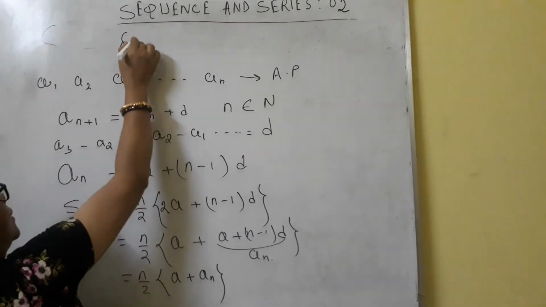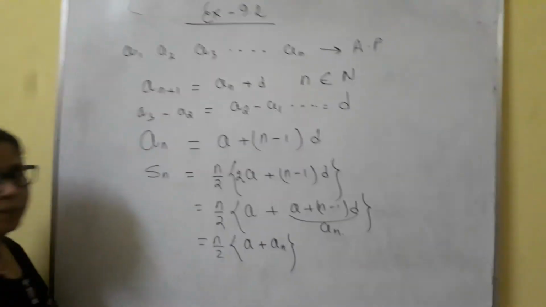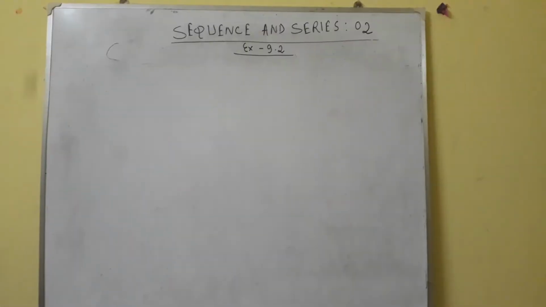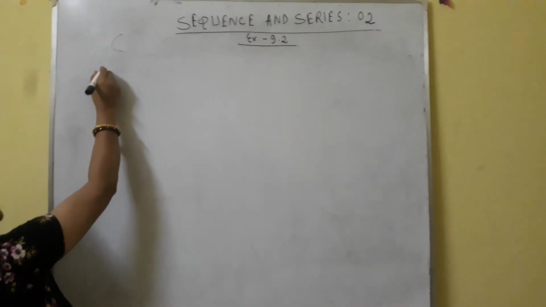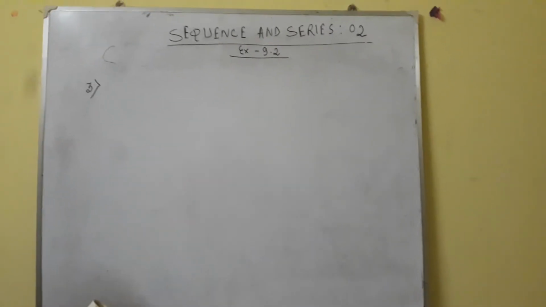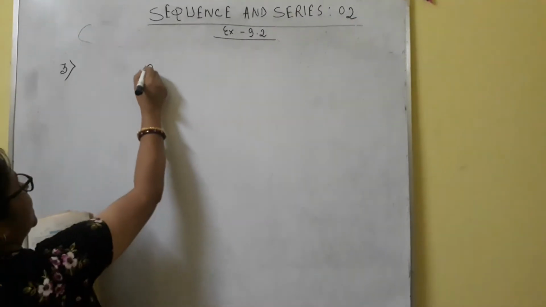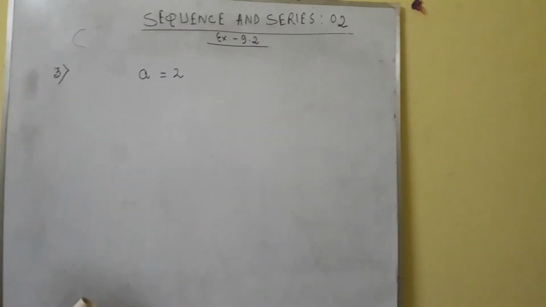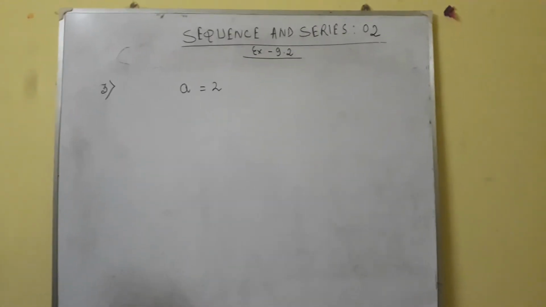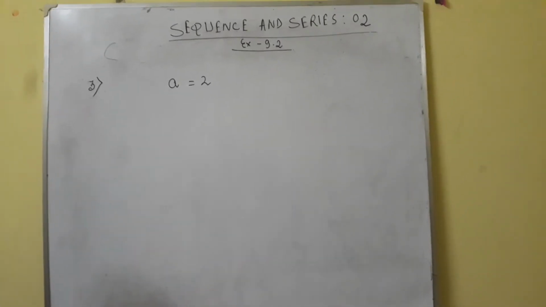Exercise 9.2, sum number 3. In an AP, the first term is 2, that means the value of A is 2. The sum of the first 5 terms is 1/4 of the next 5 terms.